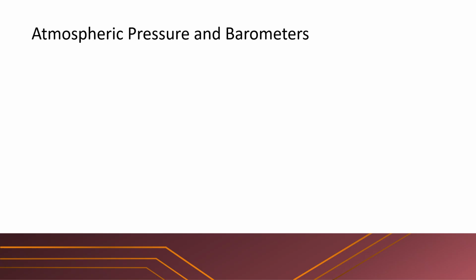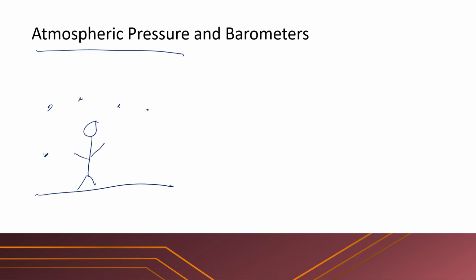Now we have gas particles all around us in our atmosphere. And so the force exerted by the particles in the atmosphere is called atmospheric pressure. So let's say we've got our little person here, right? And we're on Earth, and there are particles of air. And air is composed of a lot of different gases, right? Carbon dioxide, oxygen, mostly nitrogen.